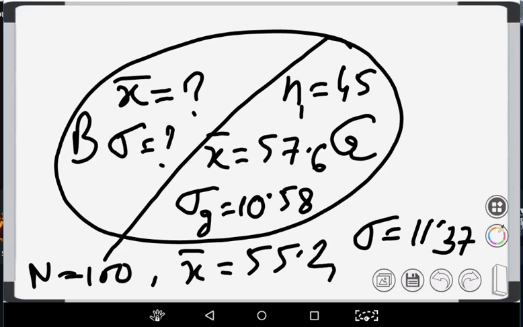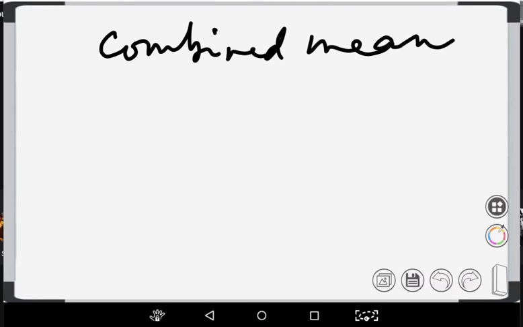So how can you do that? This particular problem is called a combined mean and combined standard deviation problem.